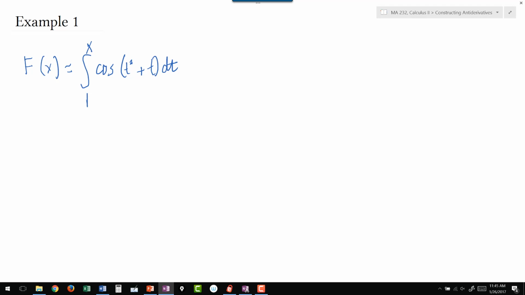That's certainly not a function that would have an easy antiderivative, but using the second fundamental theorem of calculus, we know that the derivative of capital F must be the cosine of x squared plus x.